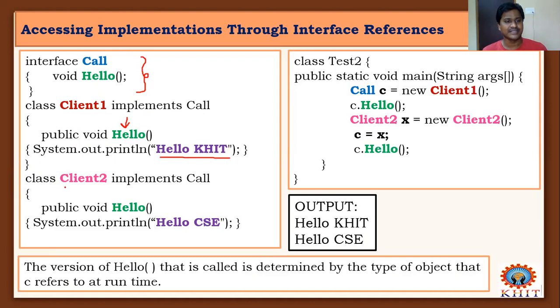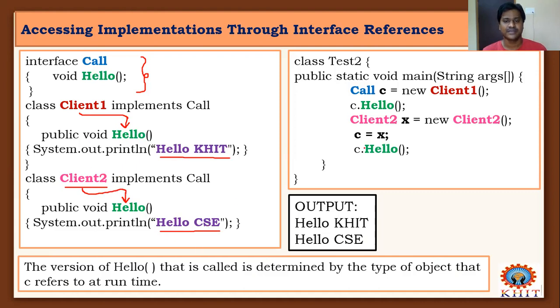Then another class is there, client2. It also implements the call interface. And this client2 class implements hello on its own, saying hello CSC. So client1 implements the hello method as hello khit, and client2 implements the hello method defined in the interface as hello CSC.